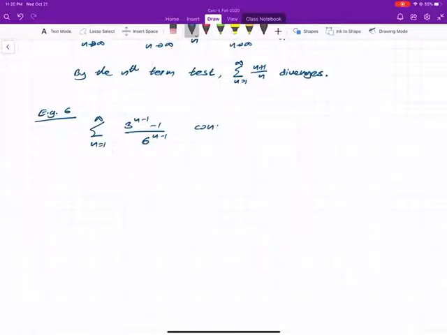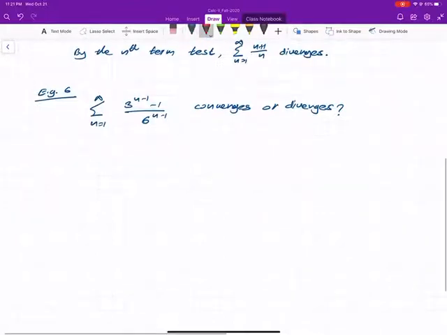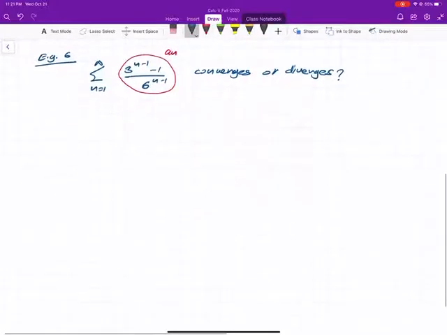You have to find whether this converges or diverges. Alright, first of all, find the n term. This is the n term, which is 3n minus 1 over 6n minus 1.